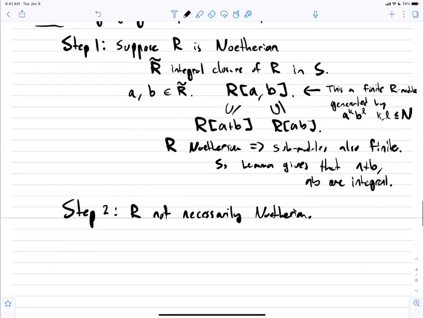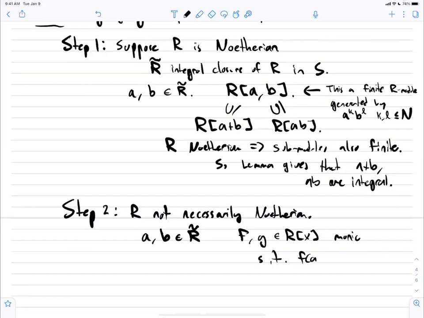Well, let me still take A, B inside of R tilde, and let me take F, G in R[x] monic, such that F(A) = 0 and G(B) = 0.